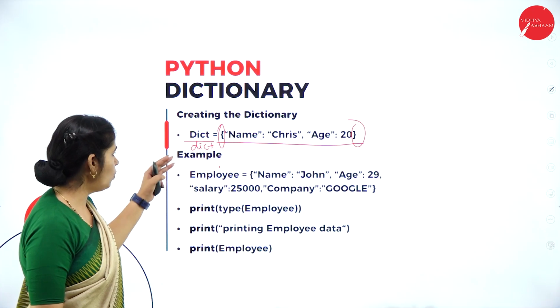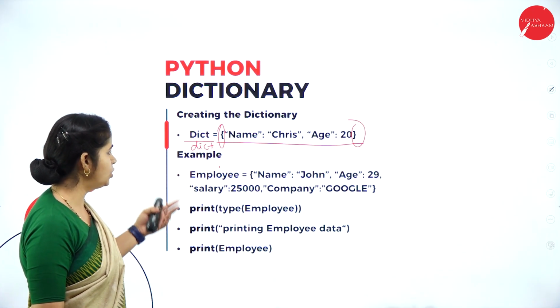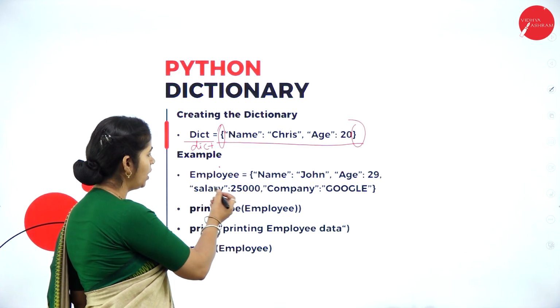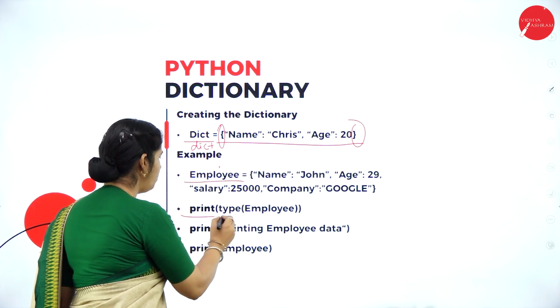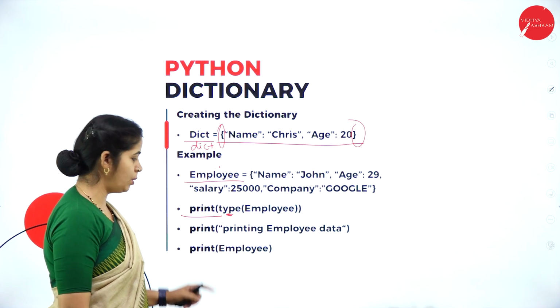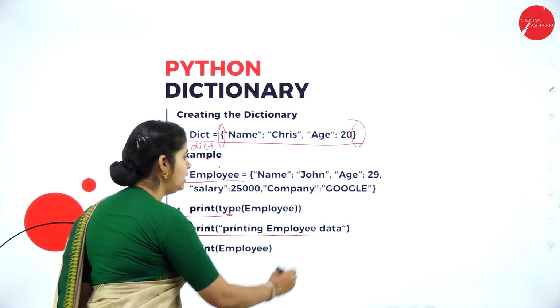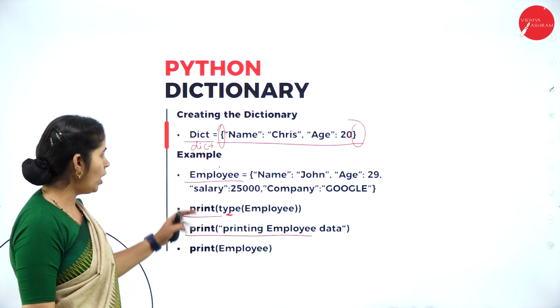Right. So, one more example for Python dictionary is here. We are creating one dictionary called employee. We are going to print which data type it belongs to and print the employee data. What will it print?